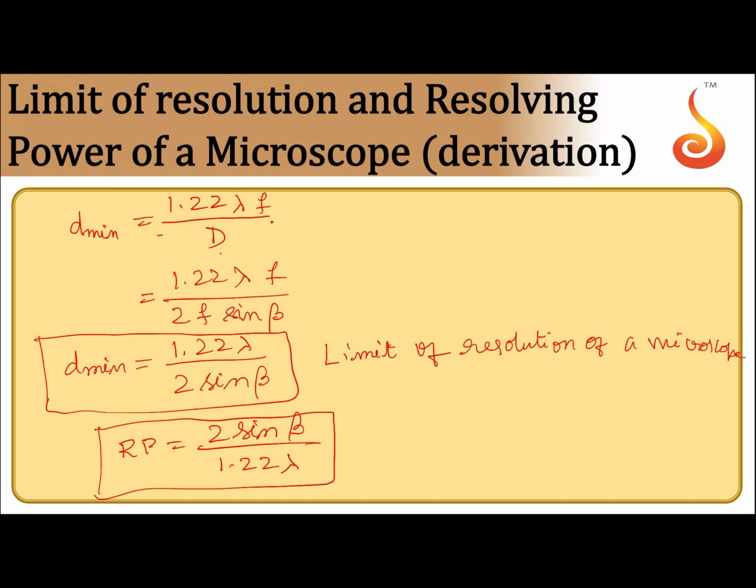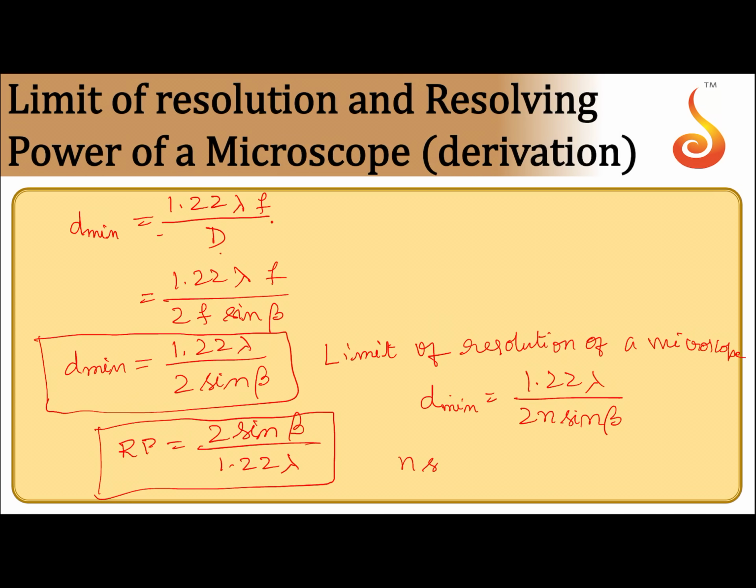Further, if the medium between the specimen and the lens has some refractive index other than air, then d minimum will be equal to 1.22 lambda divided by 2n sin beta.